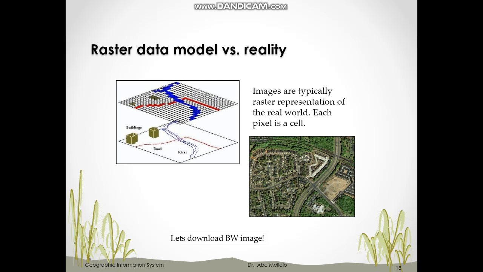And then we can use different attributes for the cells. For example, the value for the building is 10, the value for the river is 20, but the value for the roads is 30. So each pixel has a value, and based on the value we can define the features.